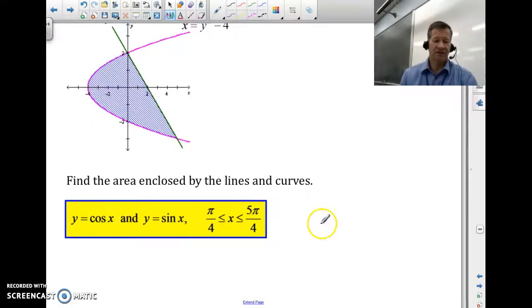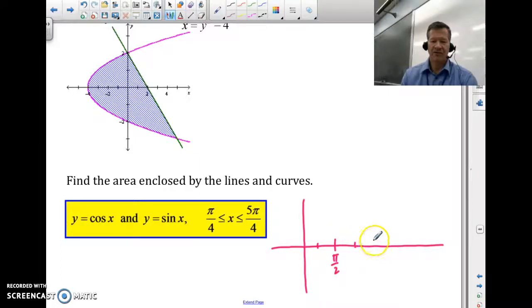Let's look at this one right here. Cosine x and sine x from pi over 4 to 5 pi over 4. Well, if I would graph these, let me just mark these down here. Let me go pi over 4. This would be pi over 2, then 3 pi over 4, pi, then 5 pi over 4, 6 pi over 4, or 3 pi over 2.